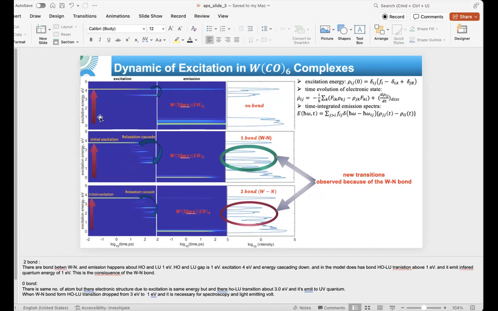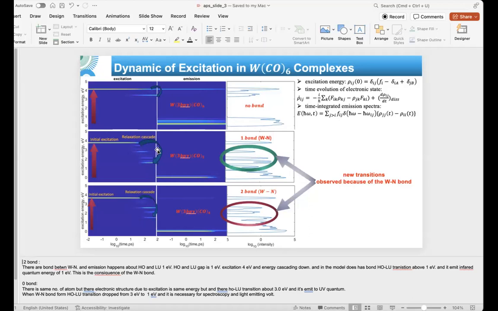Okay, so here we can see that when there is no bond and we excite the system, it is excited up to 4 electron volts, and after that we can see an energy drop, or what we call an energy cascade, near 3.5 electron volts.